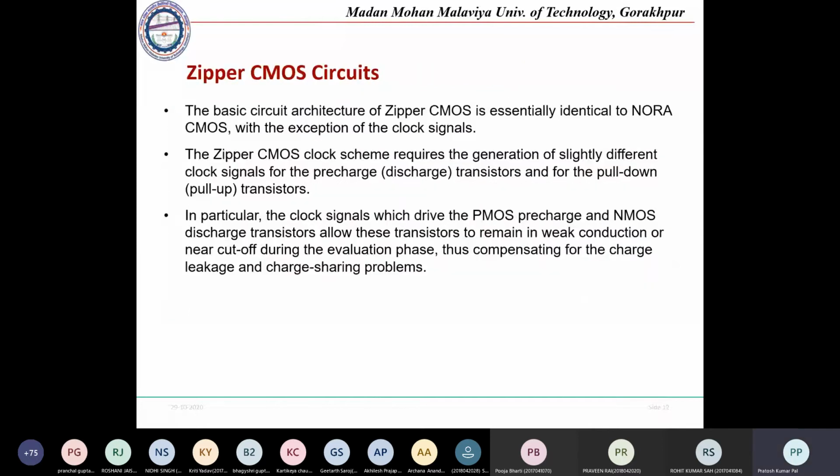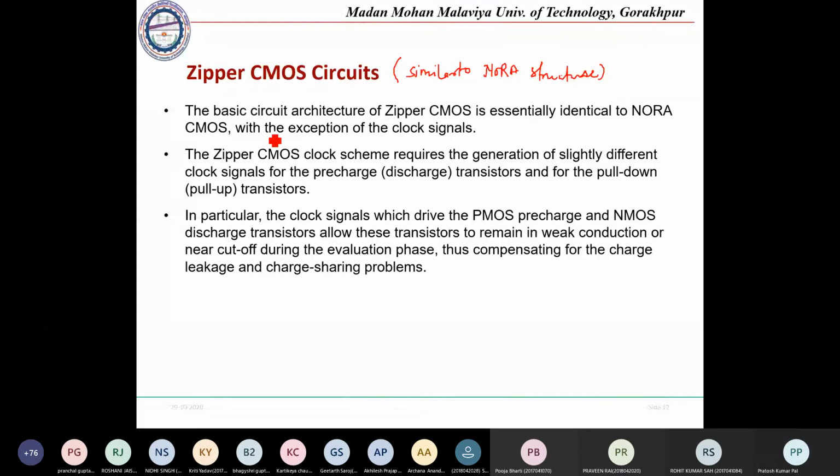The next circuit we will be seeing is called the Jeeper circuit. In the Jeeper circuit, as we have seen, the circuit is similar to the Nora logic. It has a similar structure to the Nora structure.